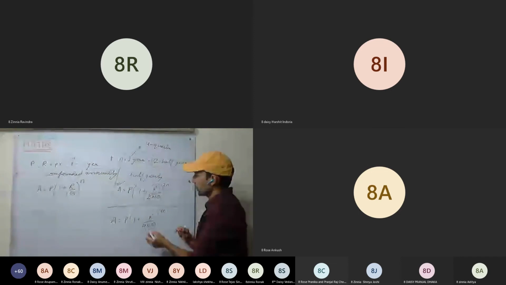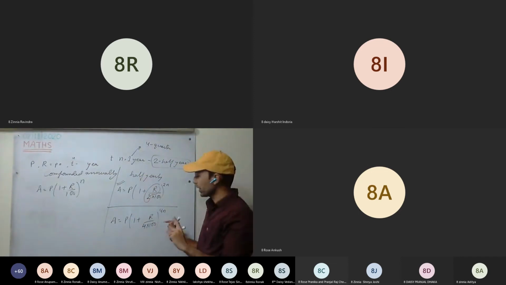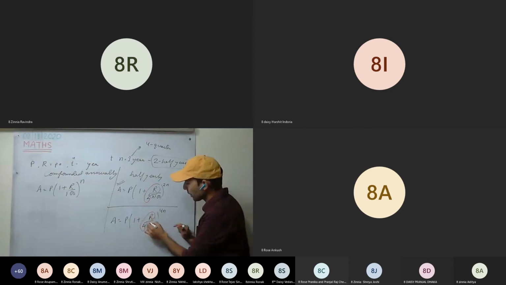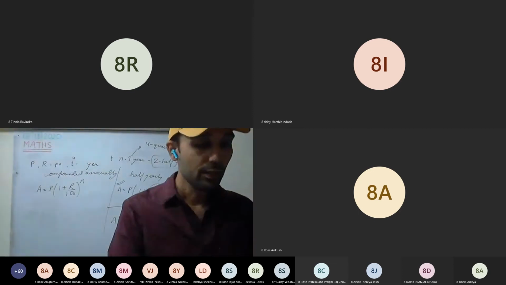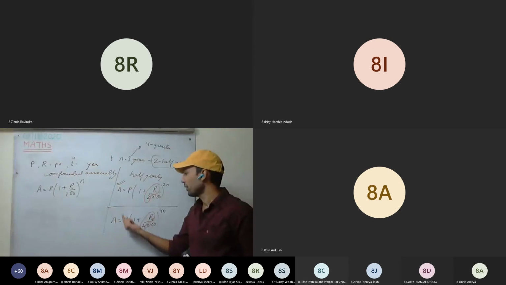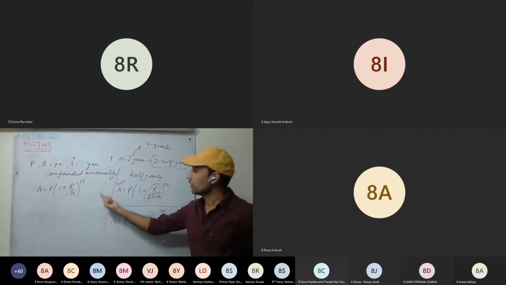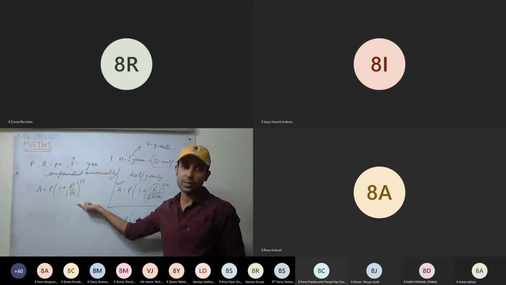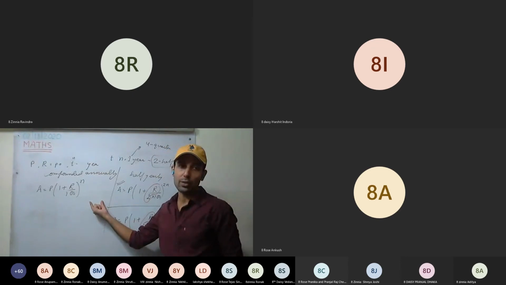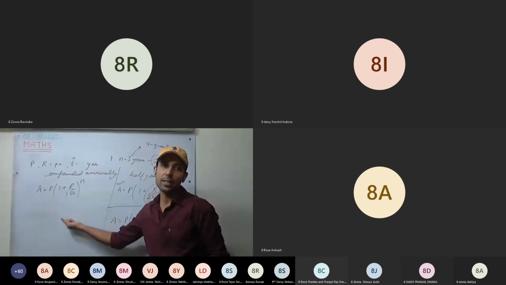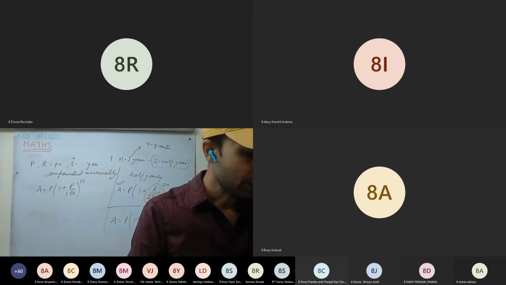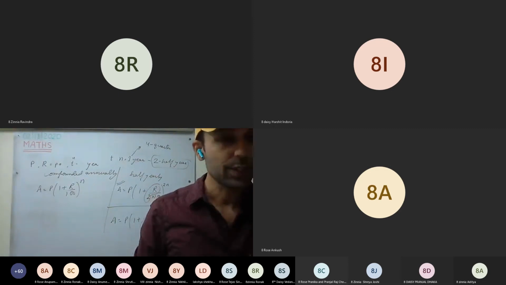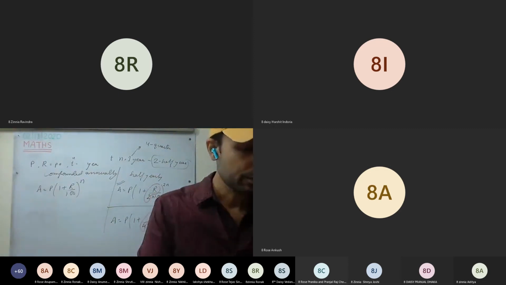If it is compounded quarterly, the rate will become R by 4. In this example we haven't used the direct formula. Rather, we have calculated half yearly first, then the amount for the second half year, where that amount acts as principal. Just go through example 6.